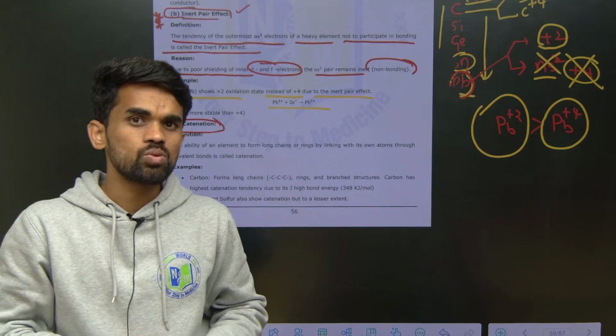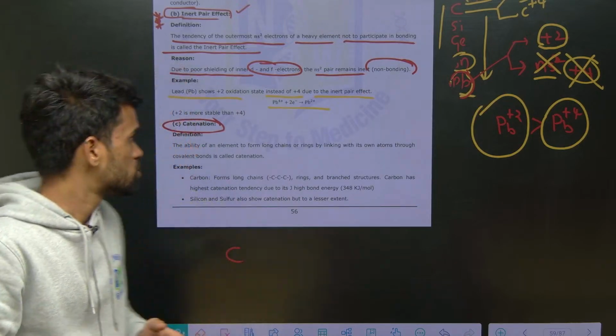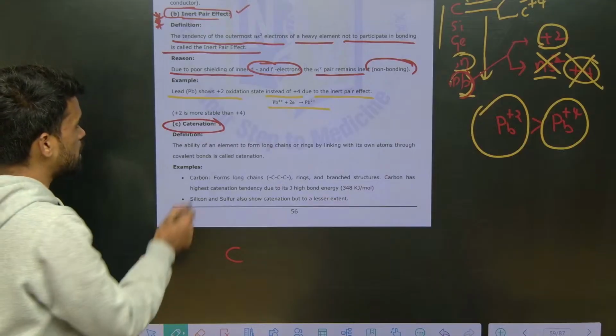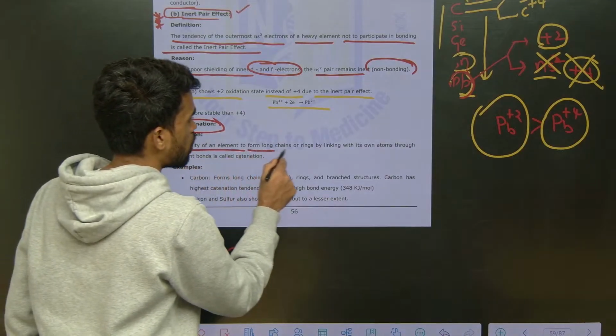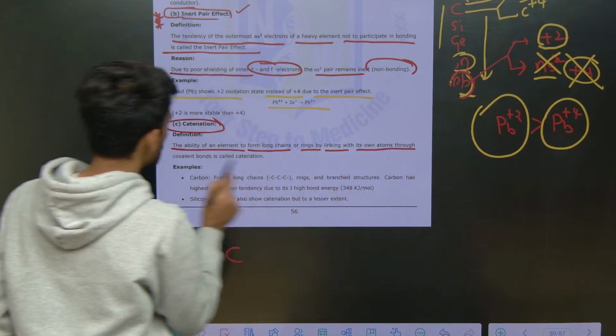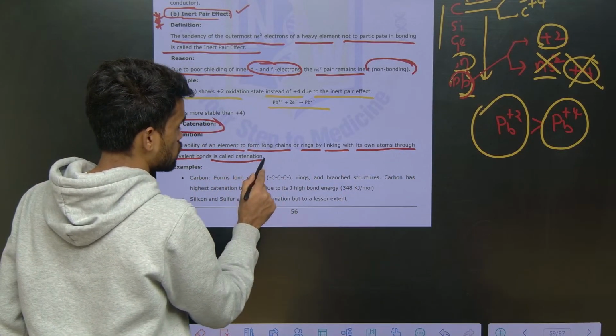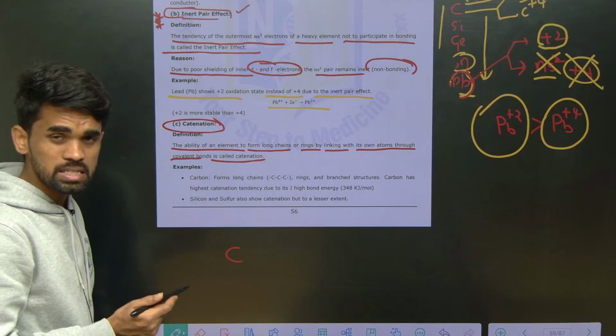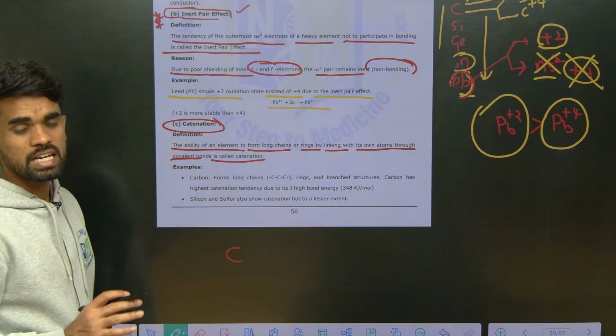What is the reason for it? Due to small size, the ability of an element to form long chains or rings by linking with its own atoms through covalent bonds is called catenation. Whatever story I discussed is nothing but the catenation property.